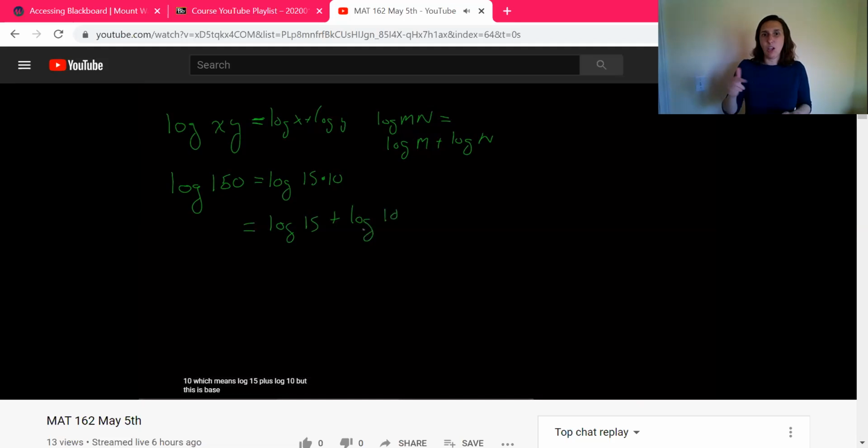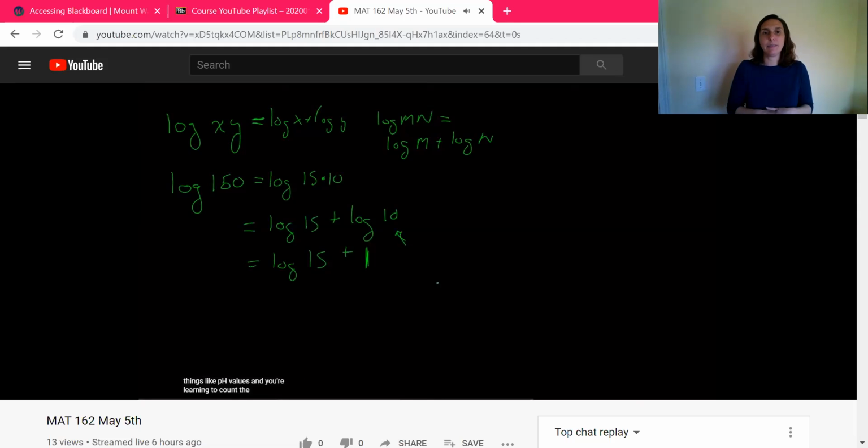But this is base 10, so this is the same as log of 15 plus 1. And what this allowed people to do was figure out patterns. As your multiples of 10 kept going up, you kept adding ones onto it. And so you wouldn't have to make a table or a value for each number. And this leads to some quick calculations you can do, especially when you're using log-based things like pH values.